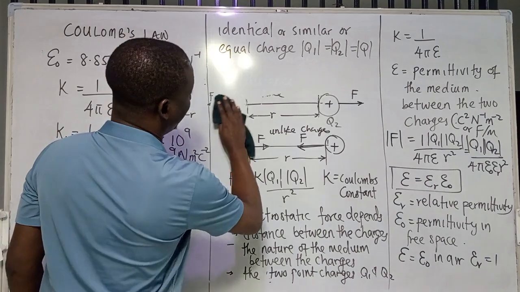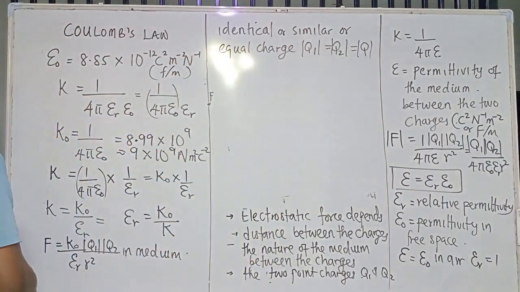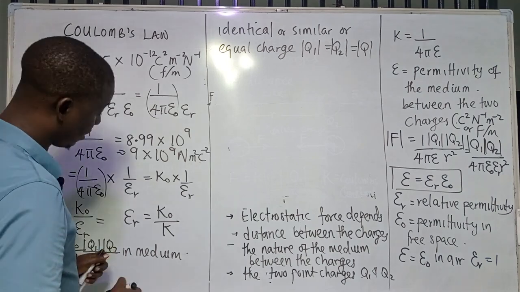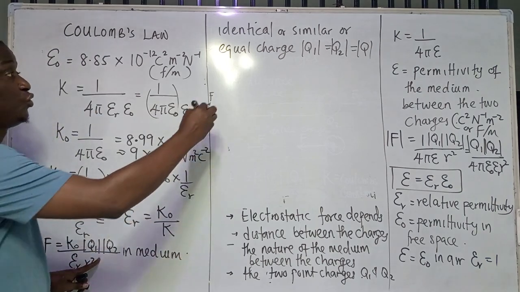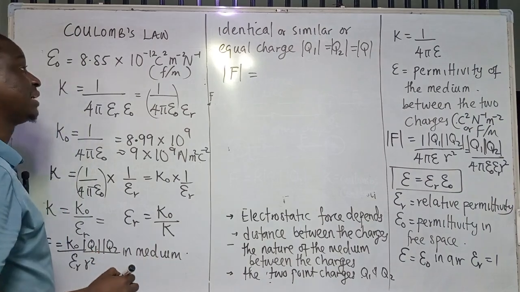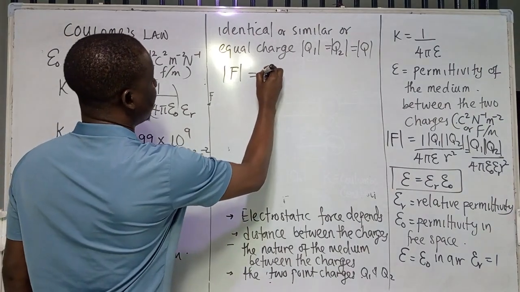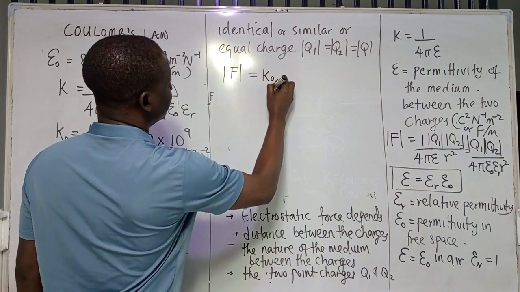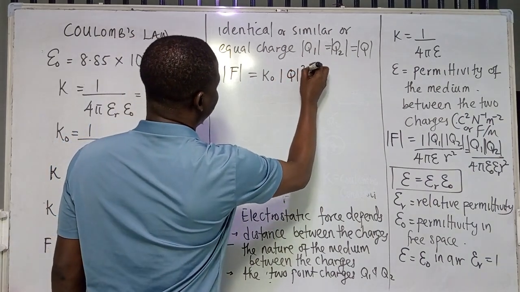What will be our formula in the medium? Now the formula will be reduced. F magnitude, which is the magnitude, that's why they are taking absolute of charges because you are finding magnitude, will now be K naught, then Q square.